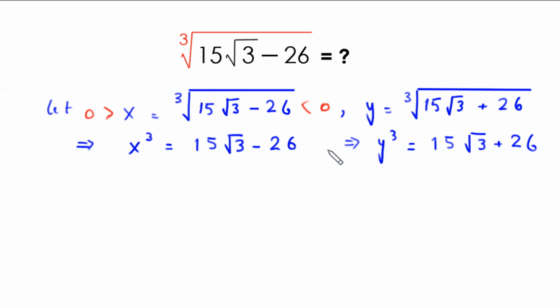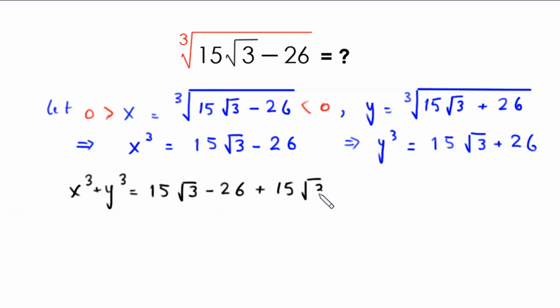If we add these two equations, this will become x cubed plus y cubed equals 15 times root 3 minus 26 plus 15 times root 3 plus 26.